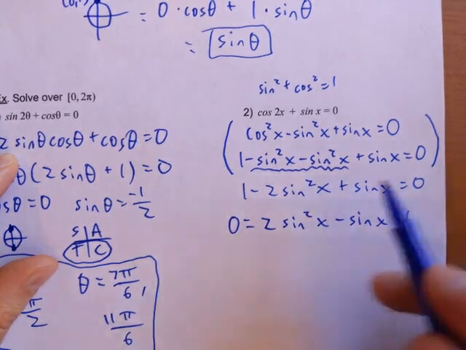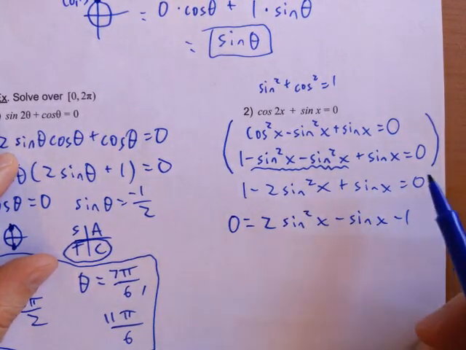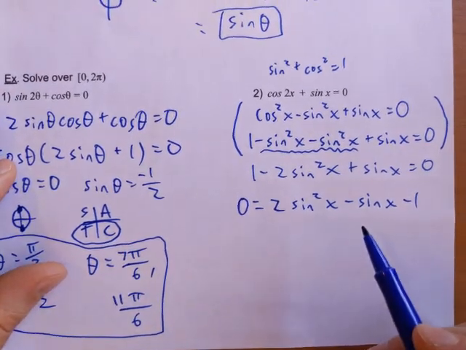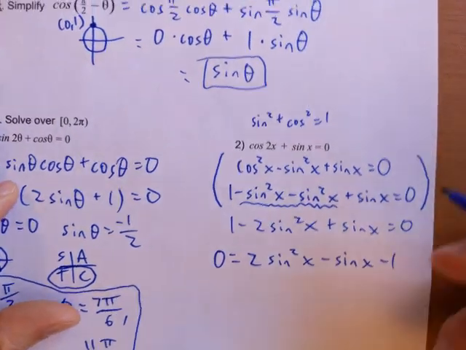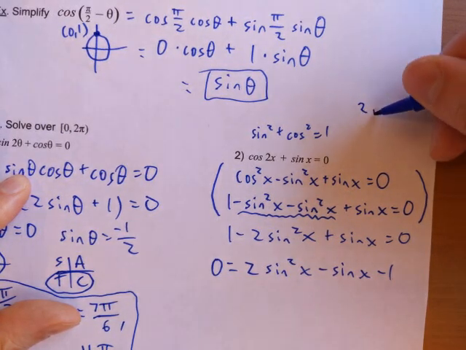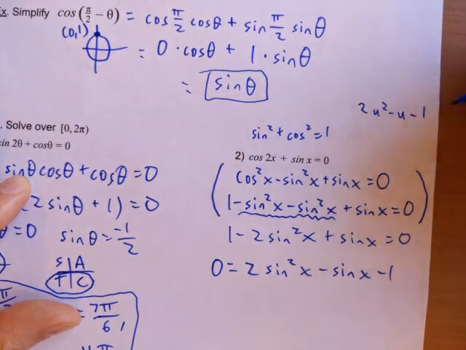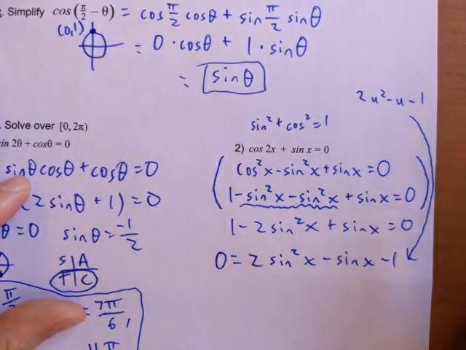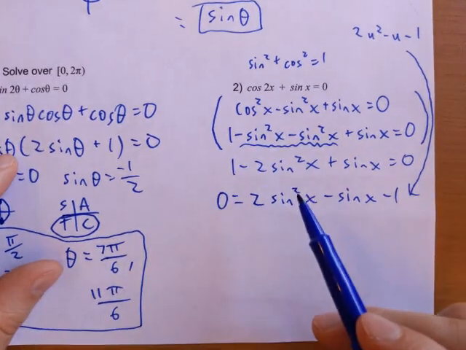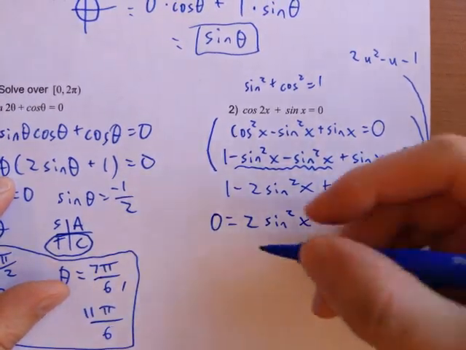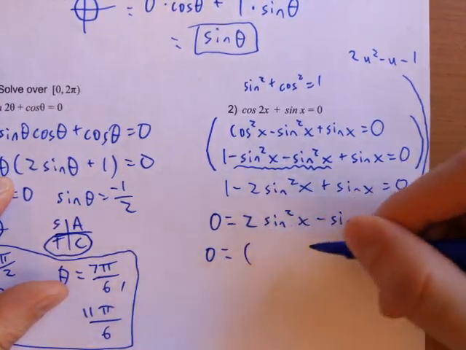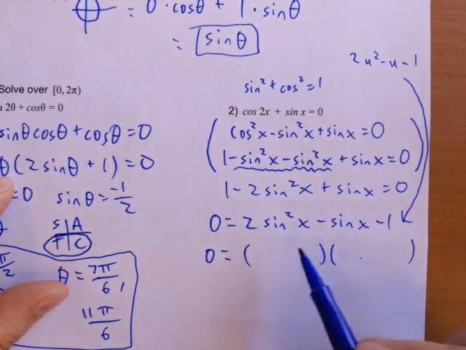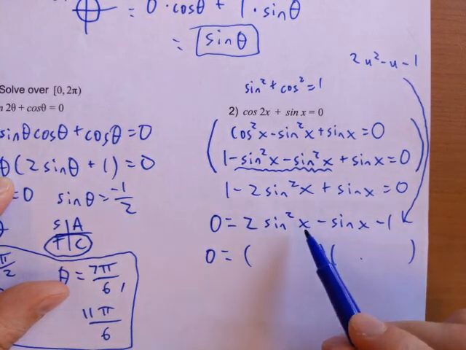So we move everything over to the right side there: add the 2 sine squared, subtract sine, subtract 1. And so this is where you could do a u substitution, if you like. If you wanted to, you could do 2u squared minus u minus 1, if you like to do those u substitutions. I'm going to try to just go ahead and factor it. So if I wanted to just factor it, well, instead of just x and x or u and u, I need sine and sine to get me sine squared.